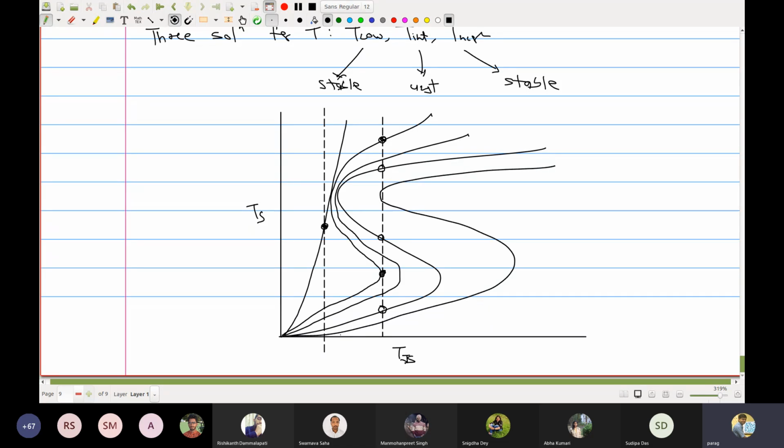And this is called cusp catastrophe, in which you maintain certain conditions in the reactor and the jacket, and the reactor temperature changes in a very unexpected manner.